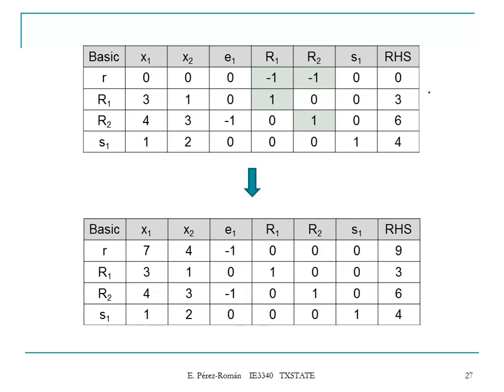The first one is row 1 times 1 plus row 0, and the second operation is row 2 times 1 plus row 0, and that will create this new row 0.